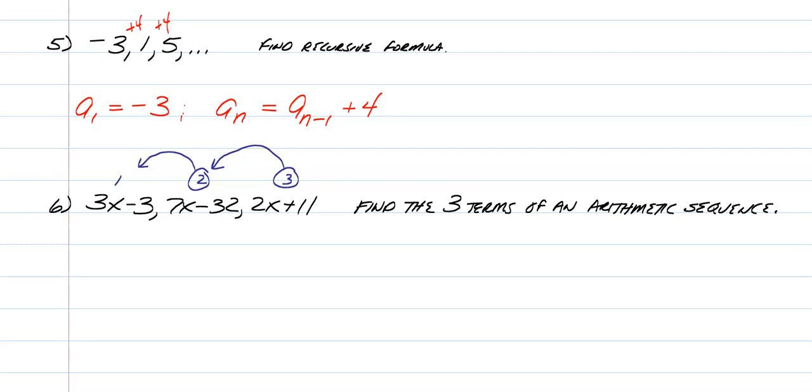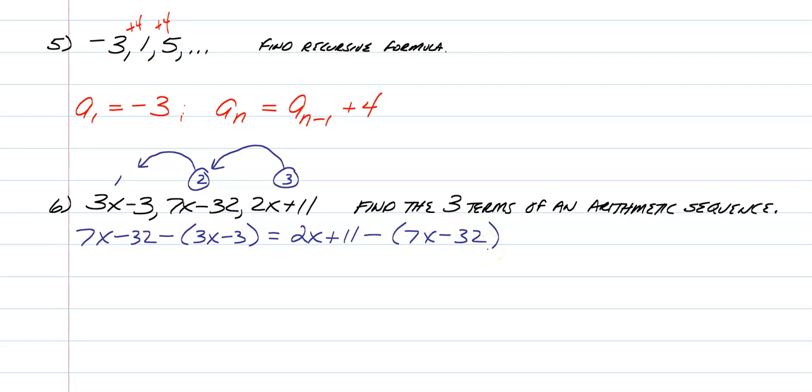So in order to solve a question like this, you say the second term, 7x minus 32, minus the first term, 3x minus 3, is equal to the third term minus the second term.